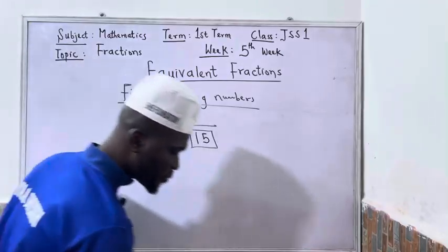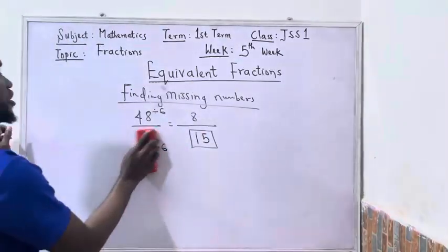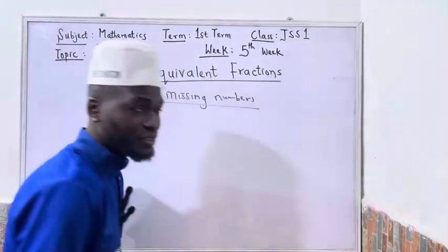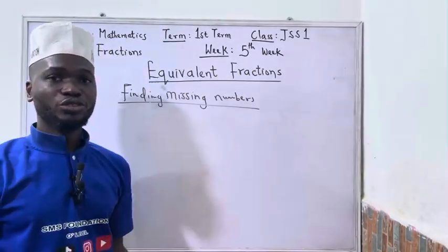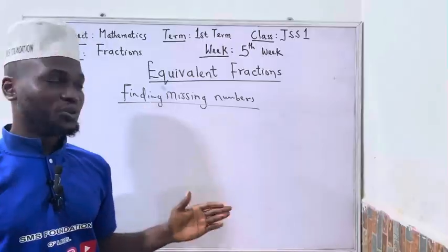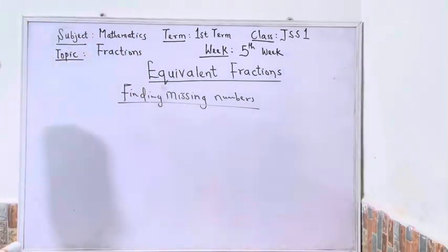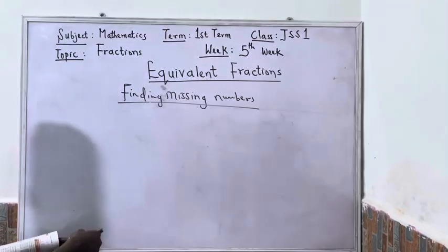Now, what will happen if you have many of these? Sometimes you will not just have two, not just left and right only. You have many of them like that. For example, look at this very simple question.